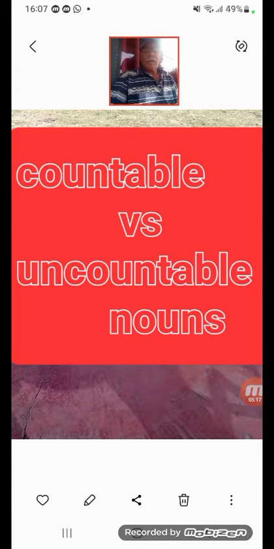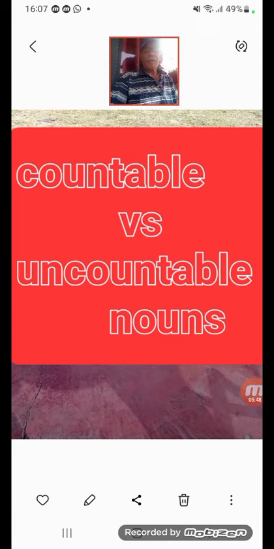However, countable versus uncountable nouns, it does not mean that it is a general rule. There are, of course, exceptions. There are, of course, irregularities, because never think that the English language is a perfect language that never breaks the rules.